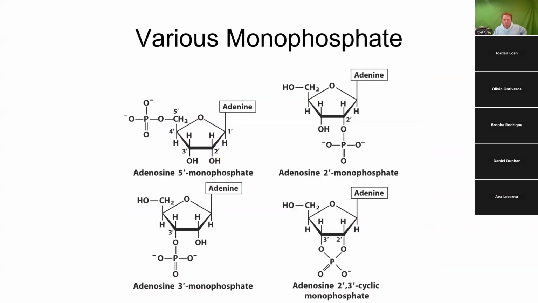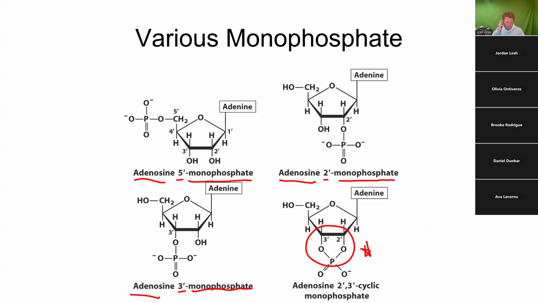Now, there are some different displays of monophosphates. So, adenosine 5 prime monophosphate, adenosine 3 prime monophosphate, adenosine 2 prime monophosphate, and then this last one down here, adenosine 2 prime 3 prime cyclic monophosphate.